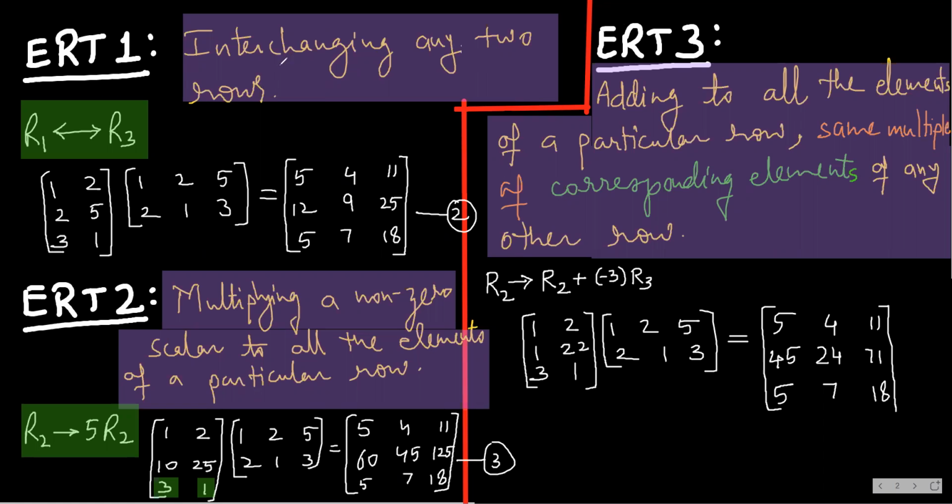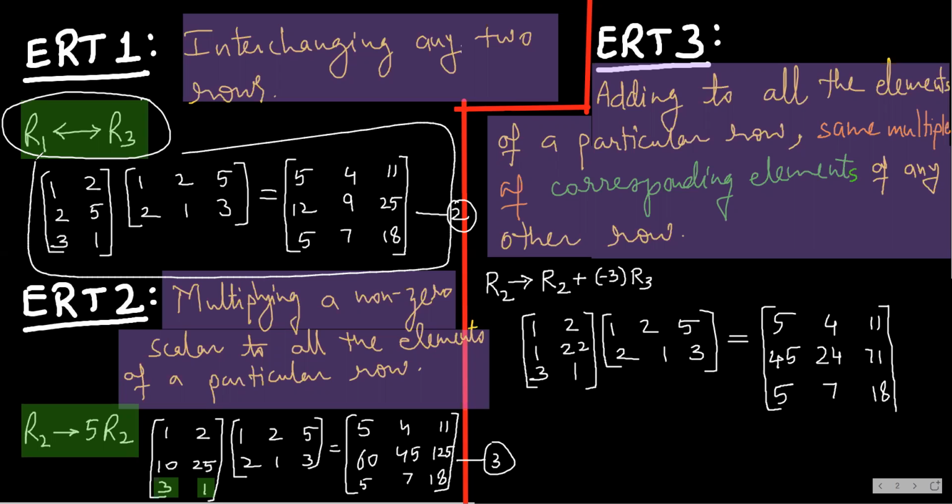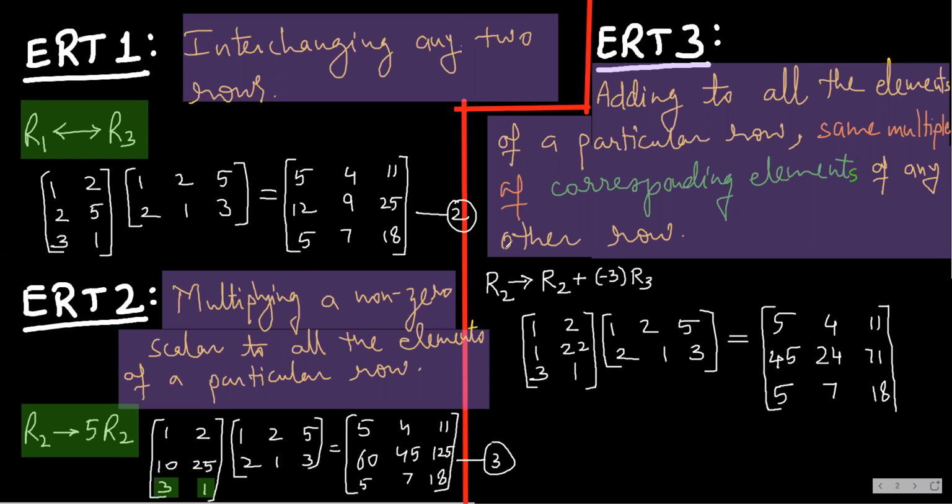What was the first elementary row transformation? Interchanging any 2 rows. That is R1 interchange with R3. And when I applied that, I got this matrix. Now the question is, where did I apply that? This is equation number 2. It means I applied it on equation number 1. I have written that equation number 1 here.